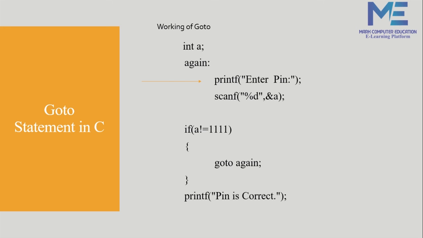Again it will ask me a value. Again it will check the condition. I had entered the value 1 1 1 1. So the condition becomes false. Then it will execute my next statement, which is printf pin is correct. It will execute that statement and exit from it. So this is the working of the goto statement.